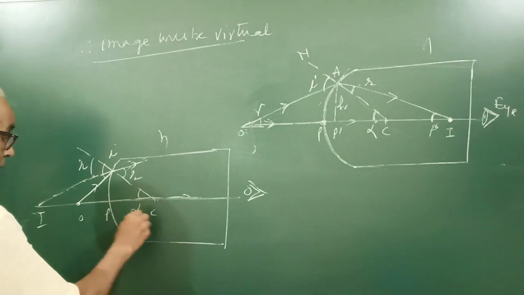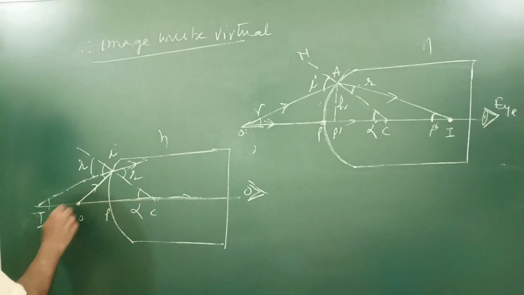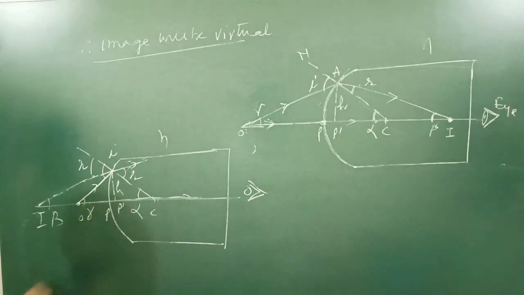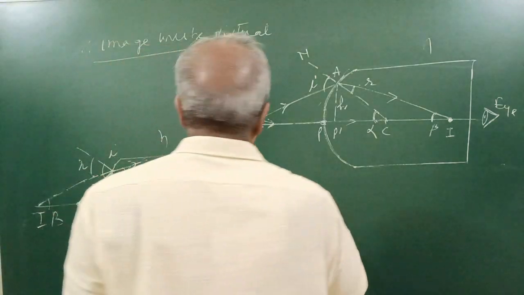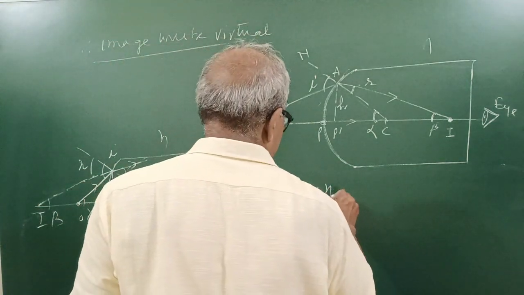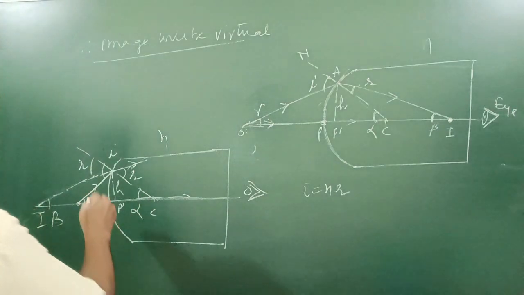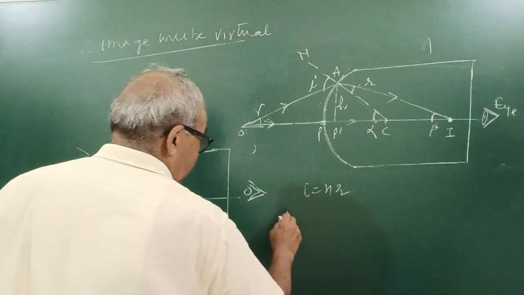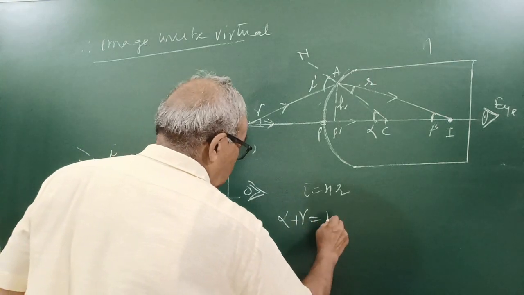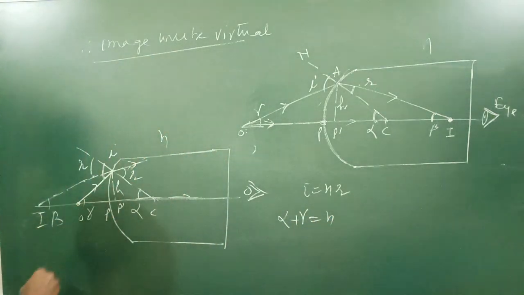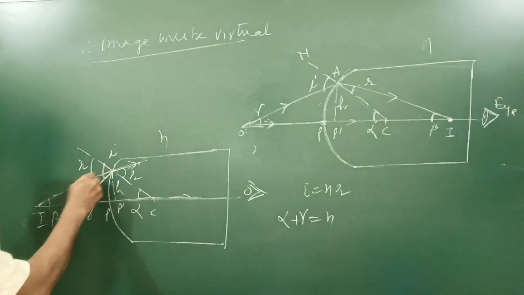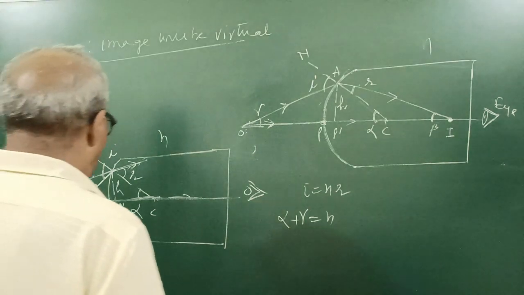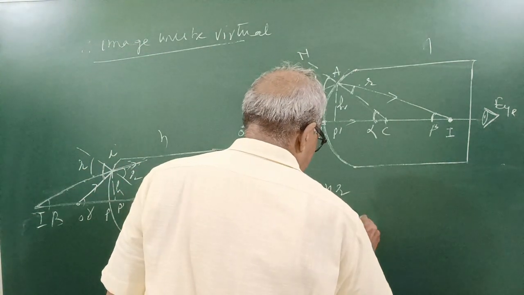But the formula will be the same, with alpha, beta, gamma. Here will be h, and P dash coincides with P. Again you will get i equal to n r here. But here, this i is equal to alpha plus gamma, equal to n times r. R is in this triangle, it will be alpha plus beta.